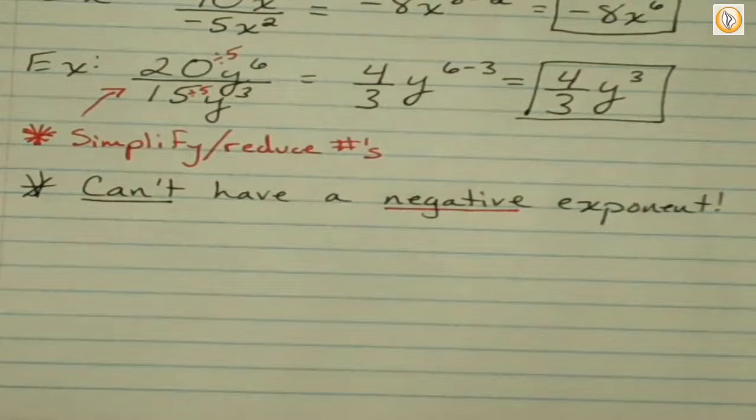Let me tell you something. You need to get rid of those negatives. Those are not good to have. And so we're going to talk about that. And yes, you will see this stuff again, not just in Algebra 2. You will see this in a lot of your high school and even college science classes. So you better remember about this.